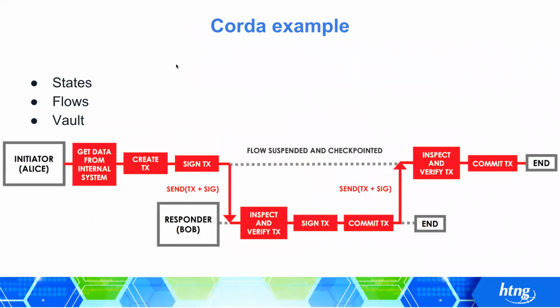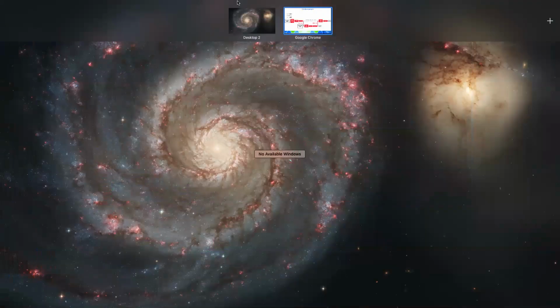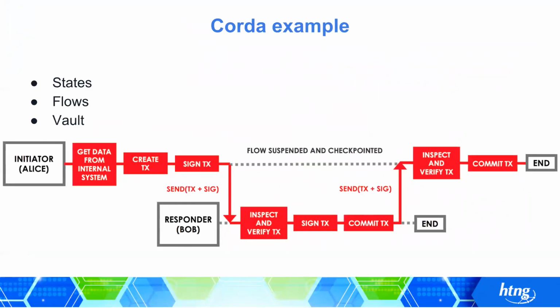A little bit more about infrastructure. Corda has some main entities like states. You can think of states as models or objects. It can be a room or a contract. It can be some object inside our business area. And next, flows.